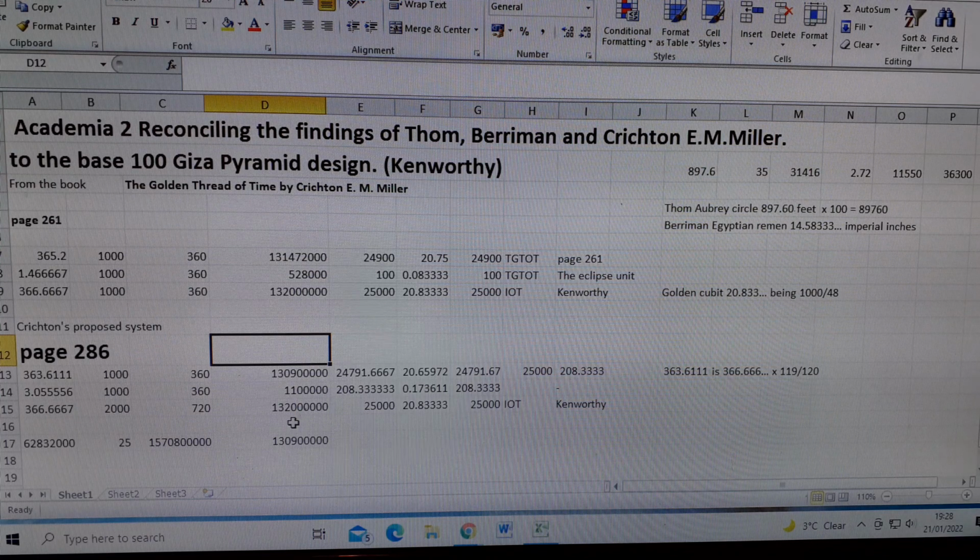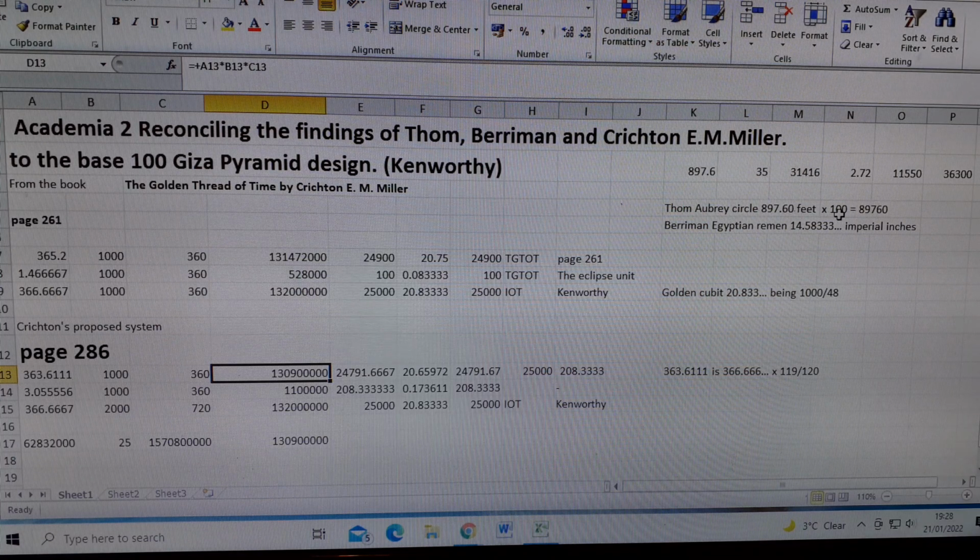And all we need to do is divide this number here that's in Crichton's analysis, the number of feet in the Earth's circumference. We divide it by Thom's Aubrey circle, but we're multiplying it by 100 because we're saying there's 100 units in a foot. So we're going to divide that by 89760.